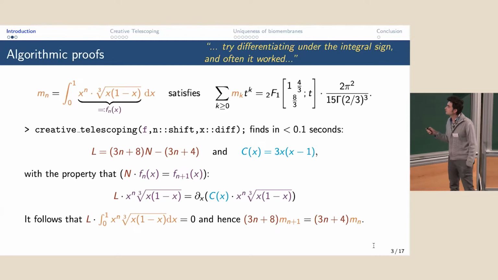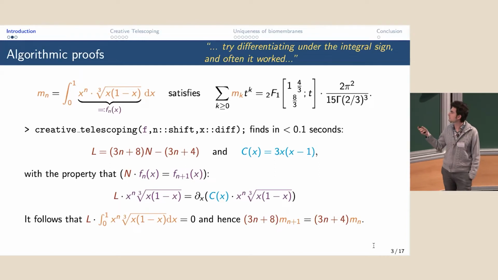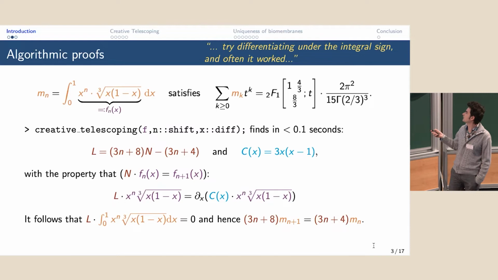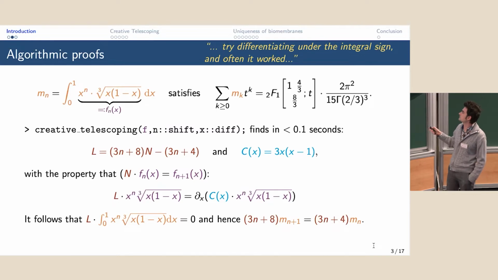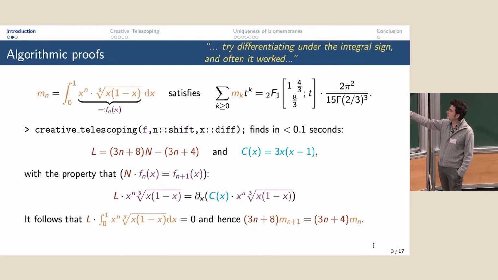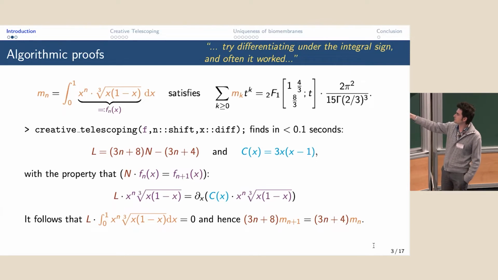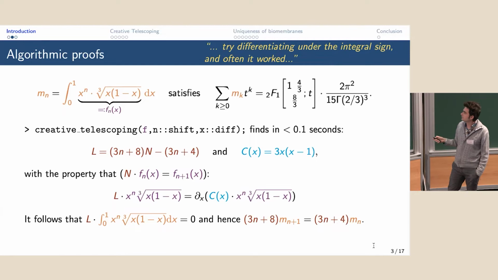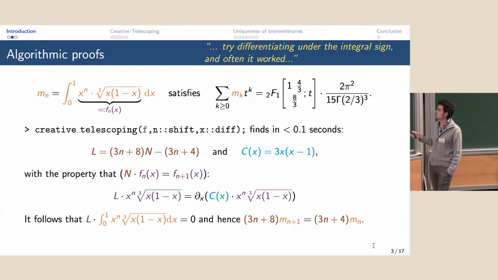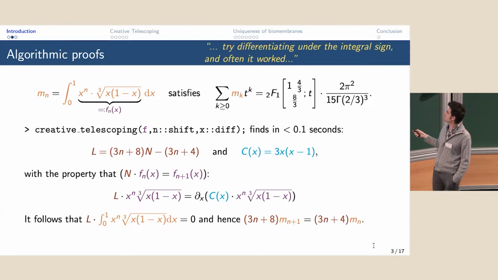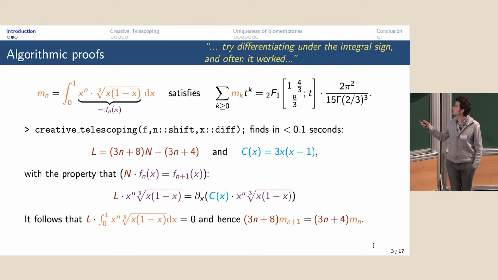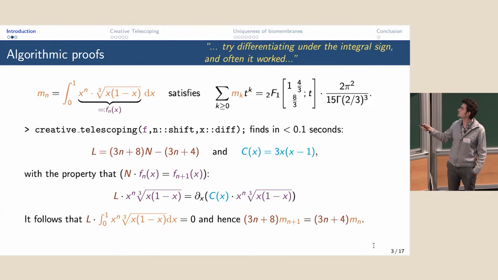Again a very similar command, called creative telescoping, does something very similar: it computes an operator L with the same shift operator n, and again a rational function with this identity, which can be very easily verified afterwards. So you take here the derivative now, not the discrete shift, but the derivative of this rational function times the initial function.